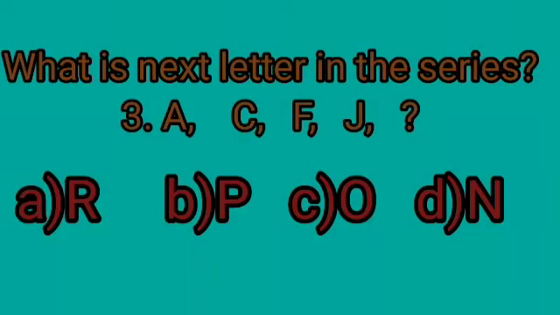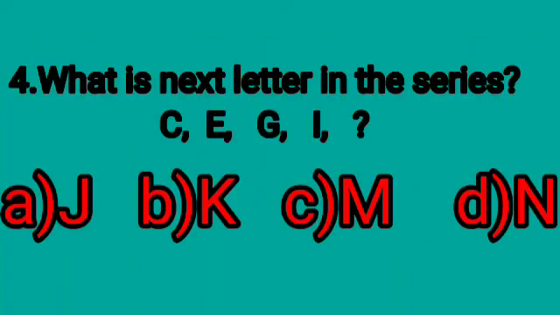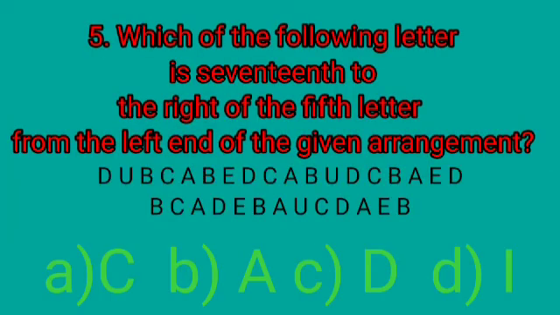Third one. What is next letter in the series? A, C, F, J, question mark. Fourth one. What is next letter in the series? C, E, G, I, question mark. Fifth one.